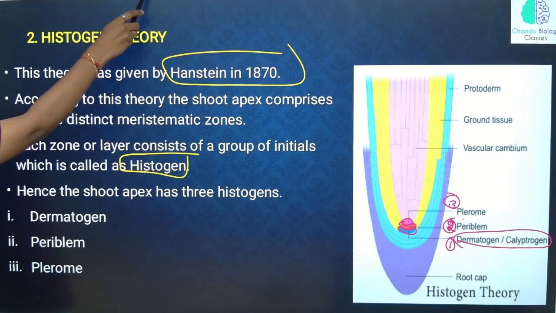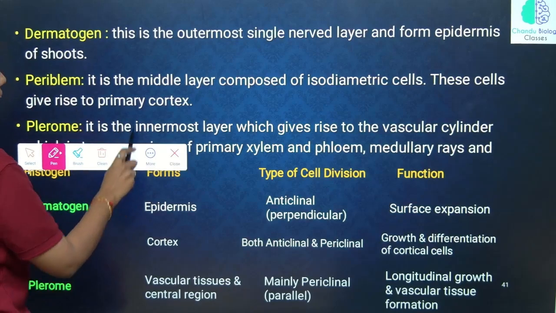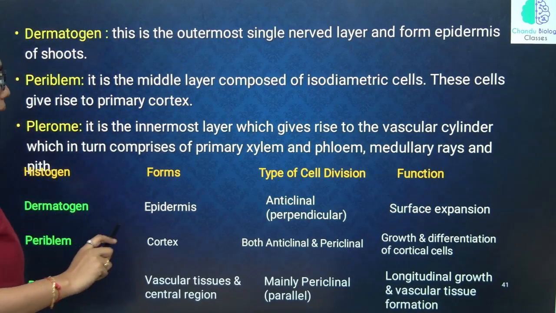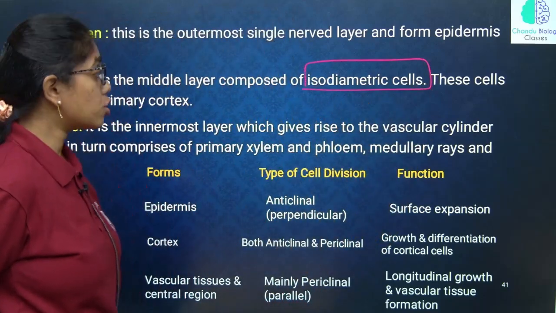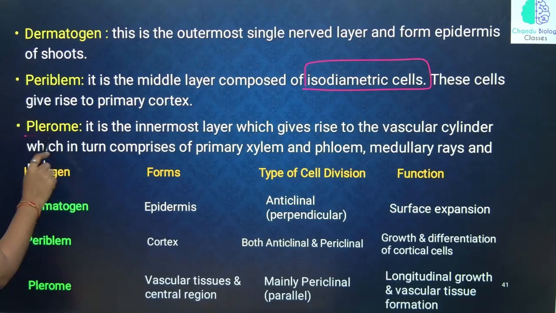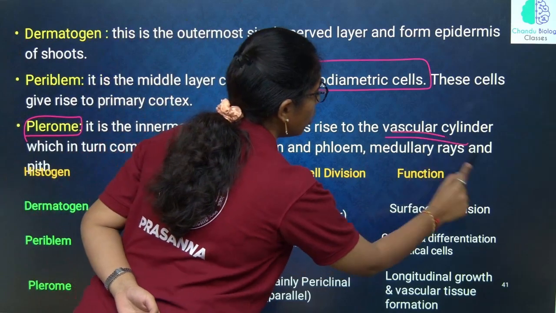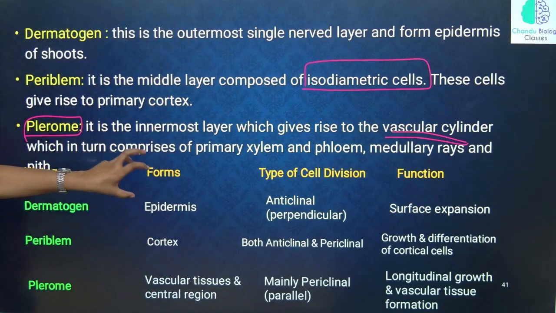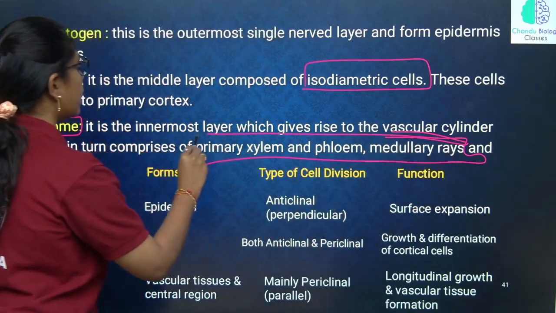Now, dermatogen is the outermost single layer and it will form the epidermis of the shoot. Periblem is the middle layer, and the cells present in the periblem are isodiametric cells. Plerome is the innermost layer, which gives rise to the vascular cylinder, comprising primary xylem, phloem and medullary rays.